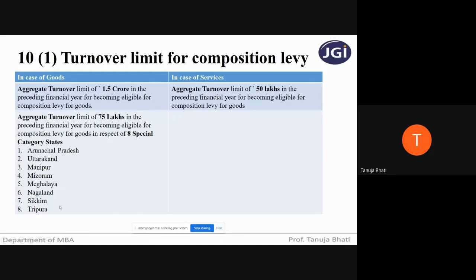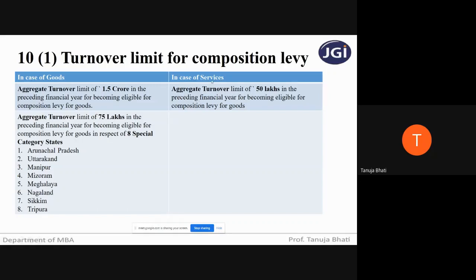So if he's a supplier in these states, he can opt for composition levy only if his turnover does not exceed 75 lakhs in the preceding financial year. So let me just quickly tell you all, in case of goods, there are two turnover limits. One is in all other states, the turnover limit is 1.5 crores. And in 8 special category states, it is 75 lakhs.